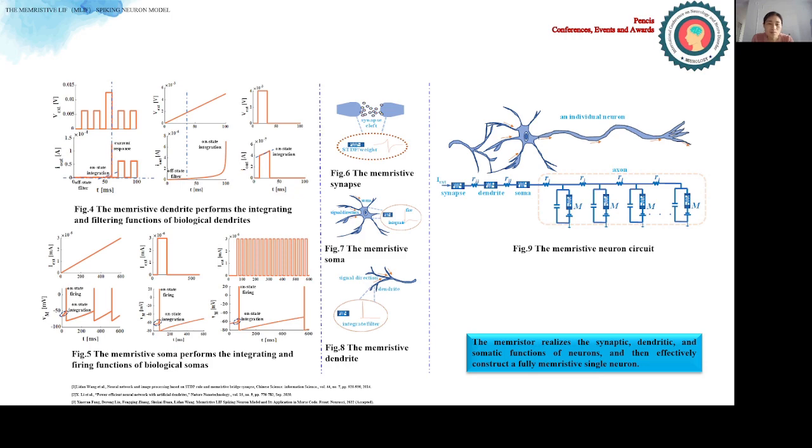It means that the memristor can be used as the dendrite and the soma. And then the memristive neuron circuit is constructed. The simulation results show that this circuit can effectively complete the generation and propagation of firing patterns.